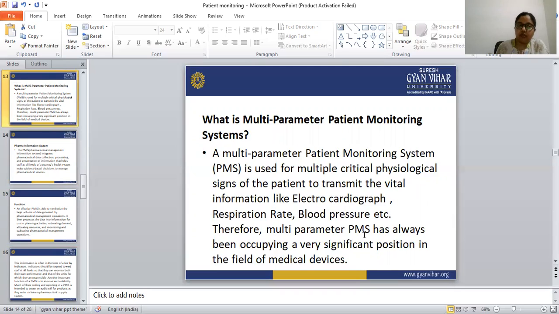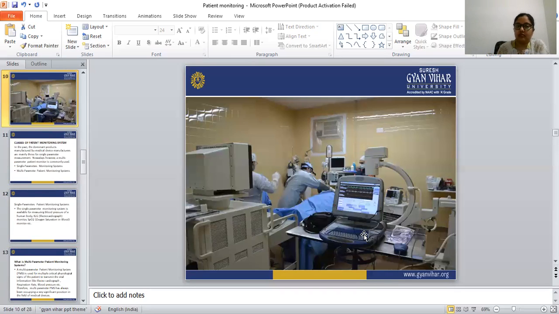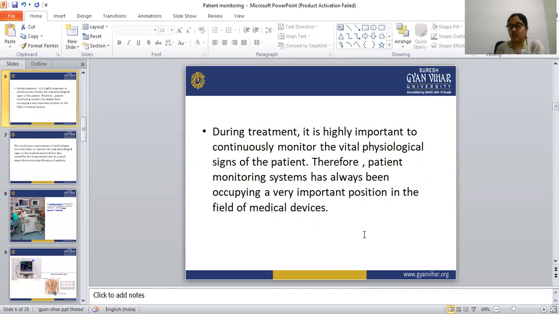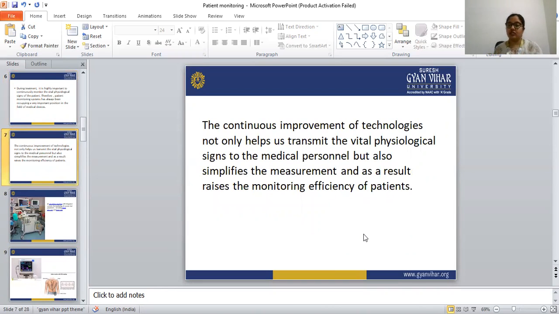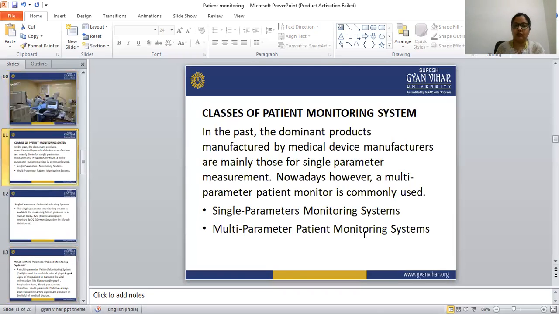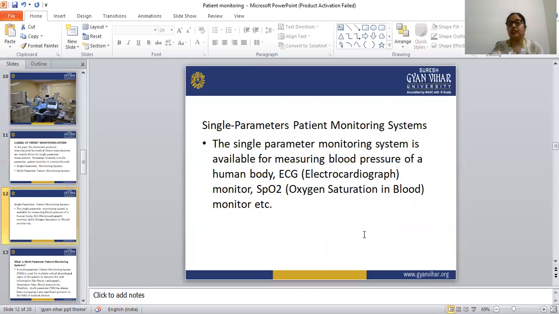So this is all about the patient monitoring system. I hope everybody understood it very well, how we can check and monitor the patient through the computer. All the parameters we measure through the computer can be saved in one place, and when we need that information, we can get it from that one place. For all these purposes, we need a database.